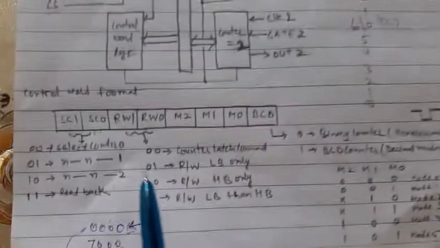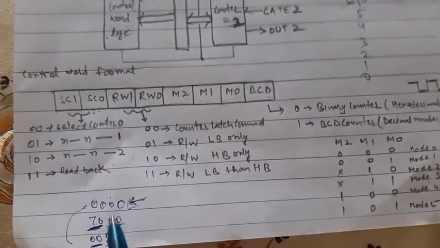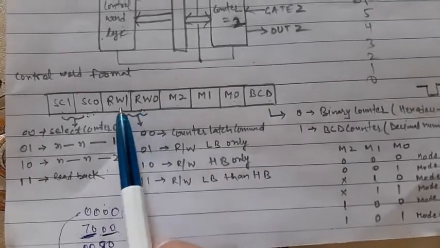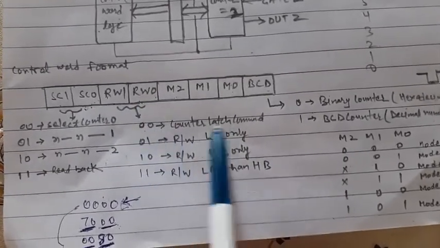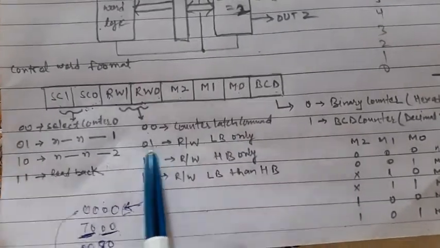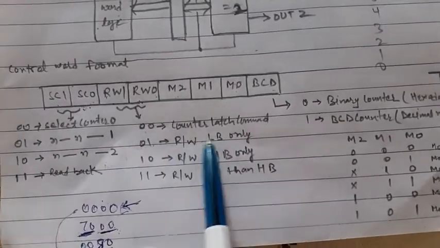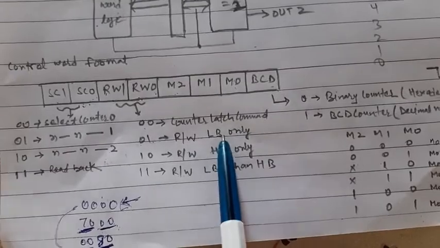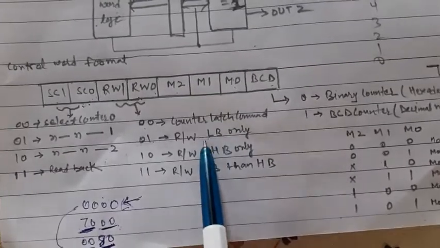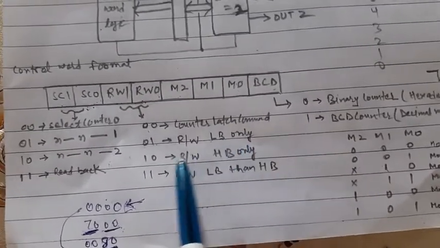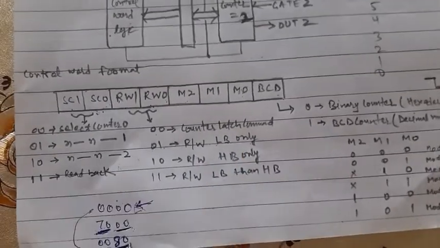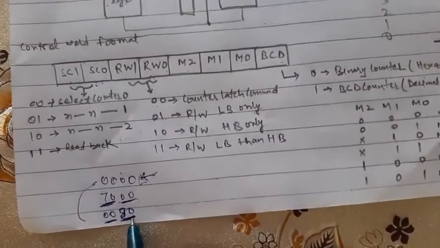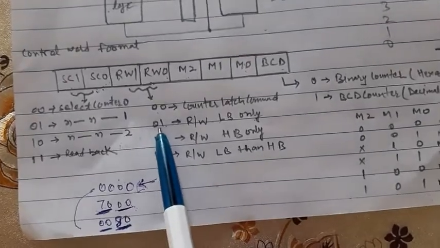So how do we inform the 8254? Through these two bits, RW1 and RW0. Leave this 00, I will tell you in a separate lecture. Now 01 means read/write the least significant byte only, or we can say lower byte only. So suppose we are giving the lower byte like in this example, we need to put these bits 01.